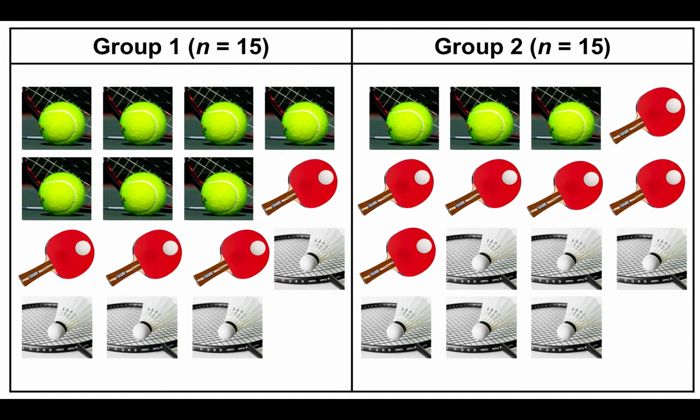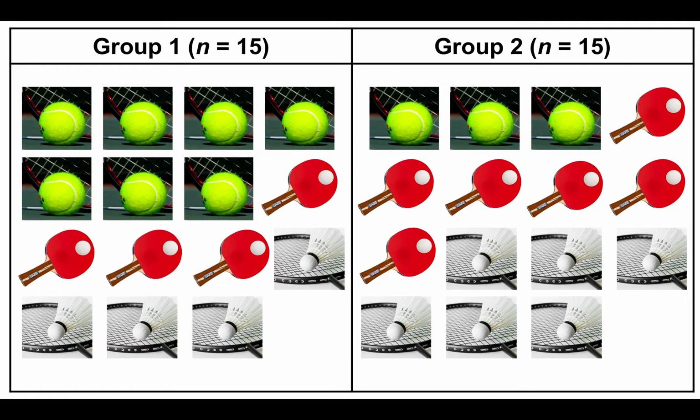But what you'll notice is that I haven't taken any step to make sure that I have the same number of tennis players in each group, table tennis players in each group, badminton players in each group. So for example, you can see that there are 7 tennis players in Group 1 and only 3 tennis players in Group 2, and you'll notice if you happen to count, there's also imbalance in the number of table tennis and badminton players as well.